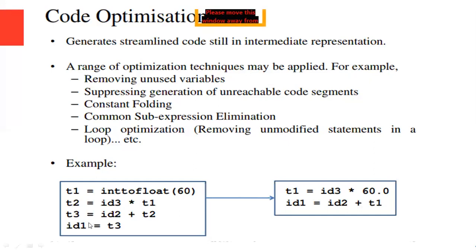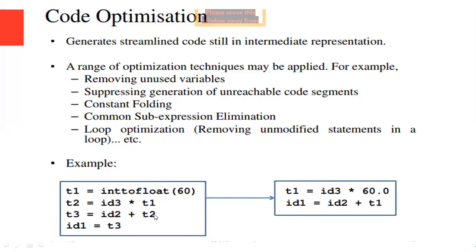Okay, so here is the example. We generate the intermediate code, and that is the input to the code optimization. So what is the output of intermediate code generation?